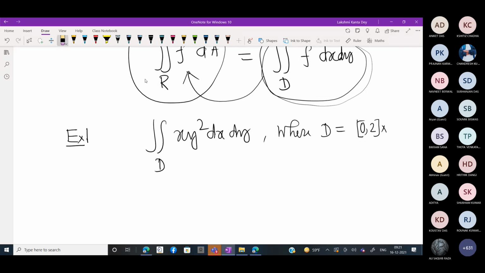This is your rectangular region, 0 to 2 by 0 to 1, for example.